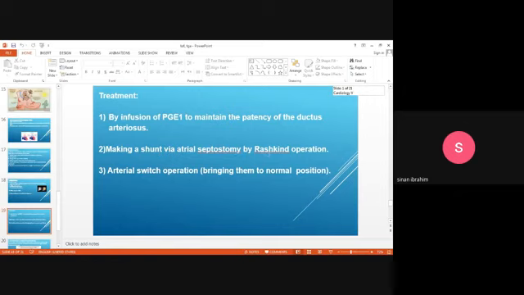We admit the patient into the cath lab and do a Rashkind operation. In this procedure, we enter from the right atrium to the left atrium with a balloon catheter, and with this balloon we make a tear in the atrial septum.